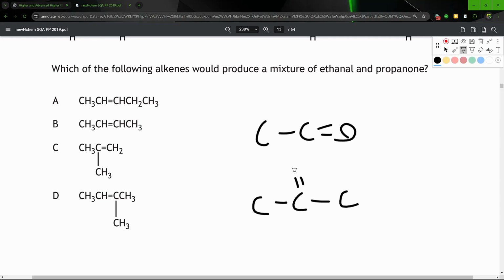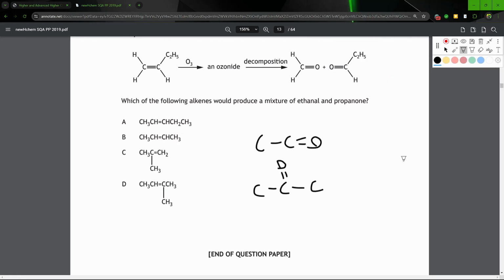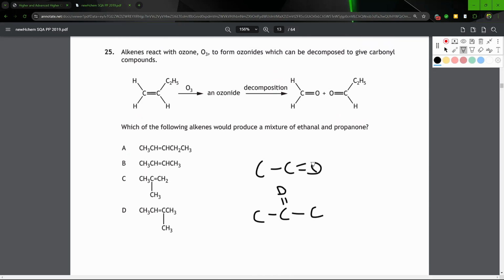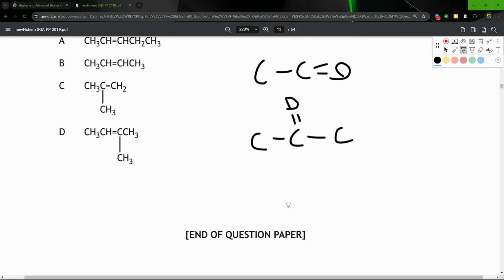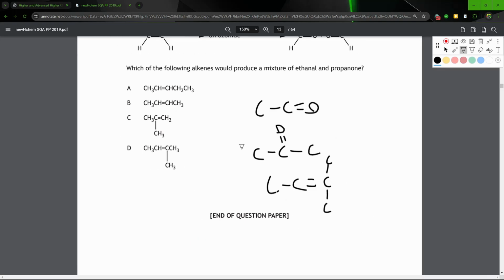So we need to find something. If we join these back together, these 2 carbon atoms would join in a double bond, which looks something along the lines of this.